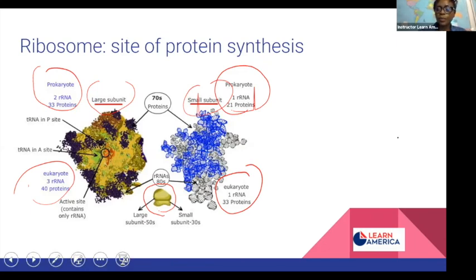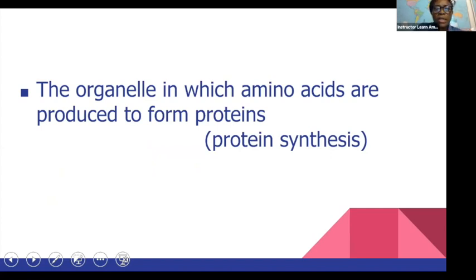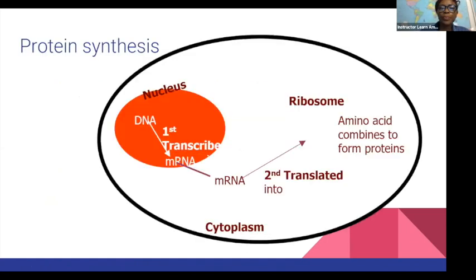Let's continue. So the organelle in which amino acids produce to form proteins is the ribosome. And so here's just a quick overview of how that would take place. So I just want you to get, this is the big picture. So there's the DNA, the nucleus.